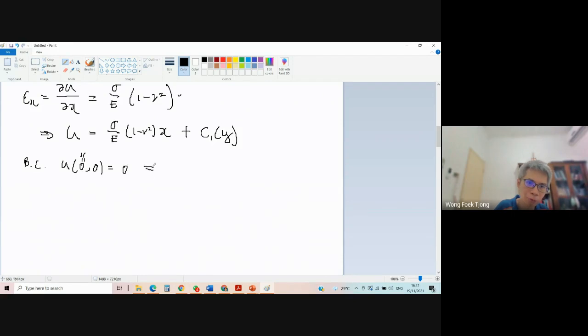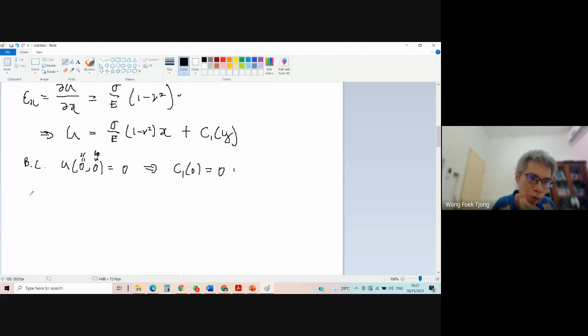It means from here we get C1 at y equals 0. This is a function of y. The value of the function at y equals 0 is 0, but we do not know yet what the function is. Okay, that's the first boundary condition.